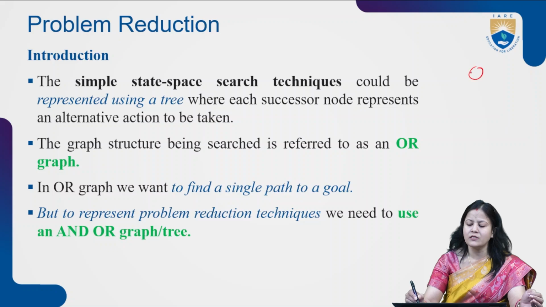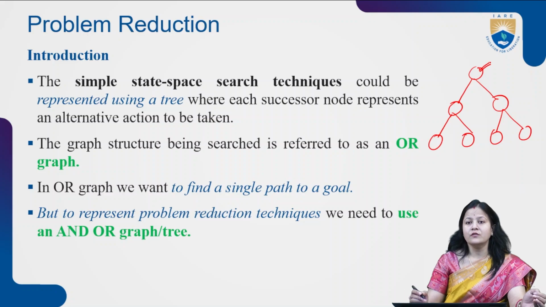If we draw this graph, the root node has 2 children, and again from each of those nodes 2 children, and each node is called a state of the search space. All the nodes can be represented with the help of an OR graph, because either we'll follow this path or we'll follow that path to reach the goal state. It's not that at a time I can follow both the left side and the right side. That is why it is called an OR graph.